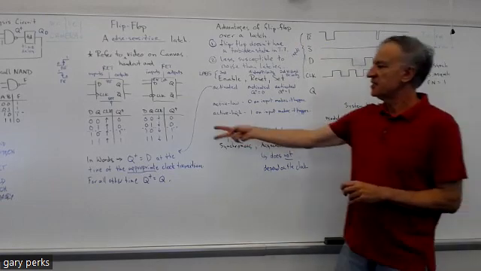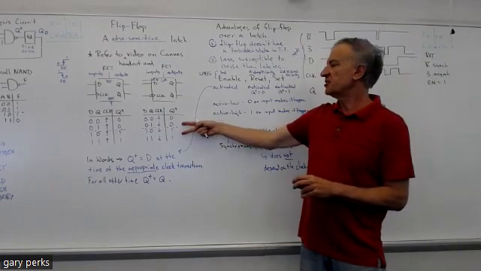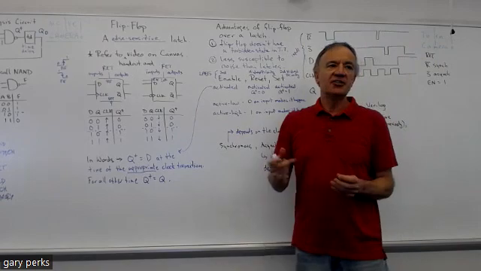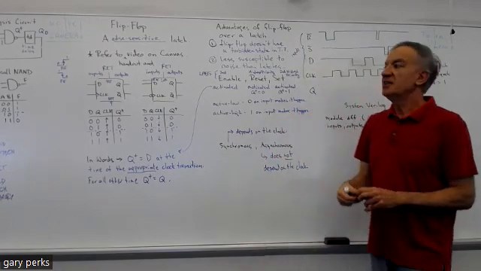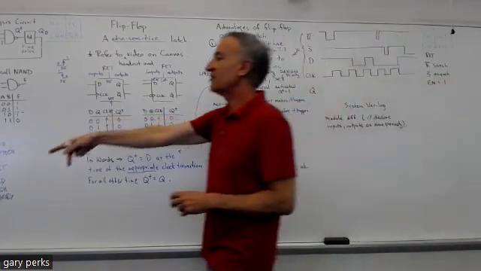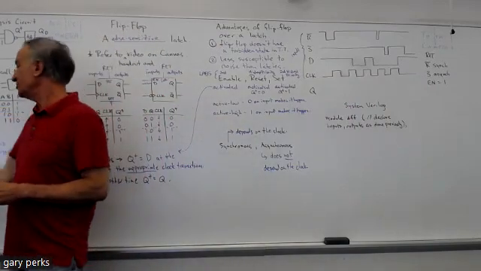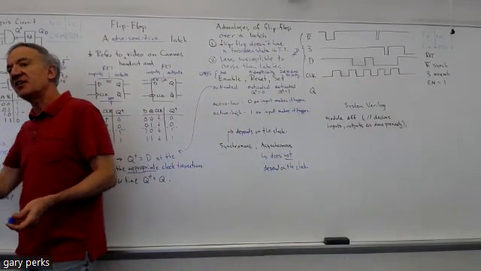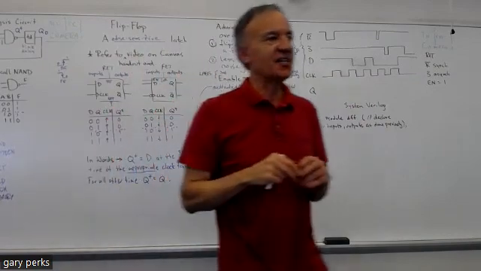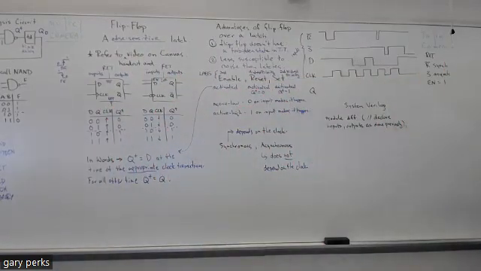That's because you don't have an ambiguous situation. You always know that not Q is the opposite of Q. Now, when you do a latch timing diagram, a lot of times they'll have both, because you could hit the forbidden state where not Q and Q are the same, like we talked about earlier.